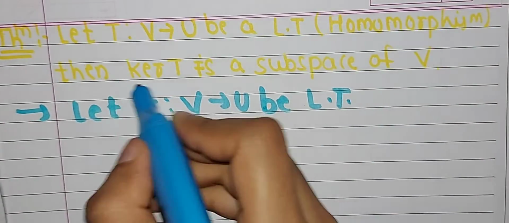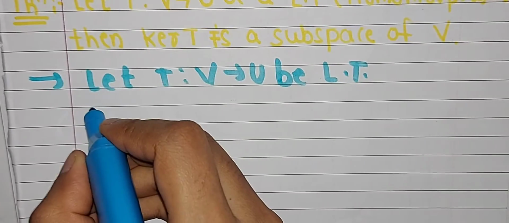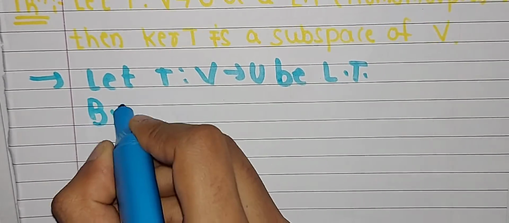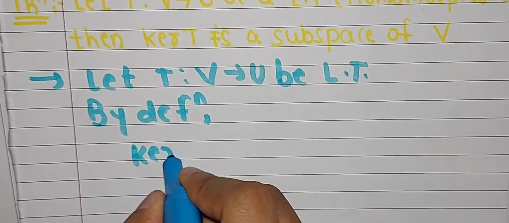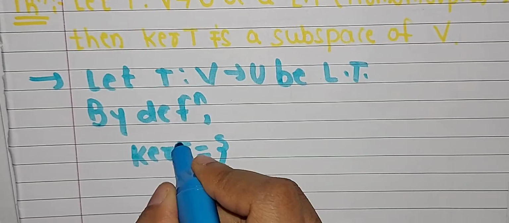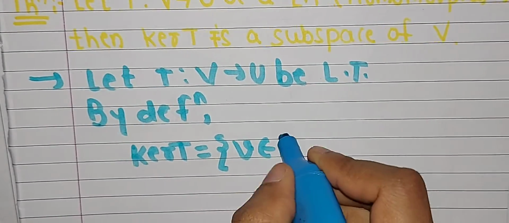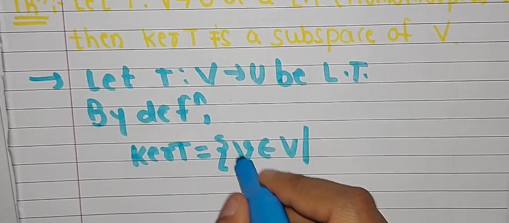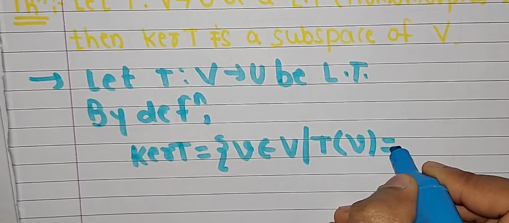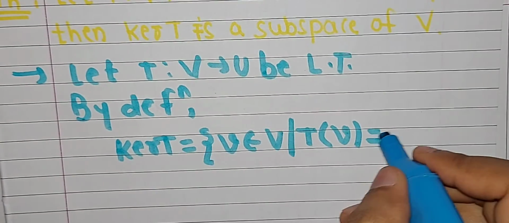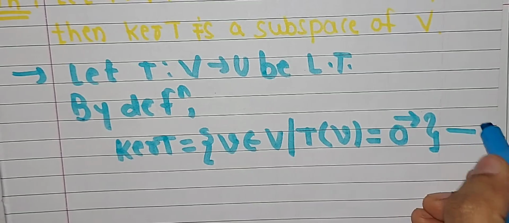And secondly, the kernel of T. By the definition of the kernel of T, it is nothing but the set of all elements of the domain, here the domain is V, which when we apply T, that is T of v, give us the range at only one point, that is 0 bar. Okay, so this is my equation number 1.